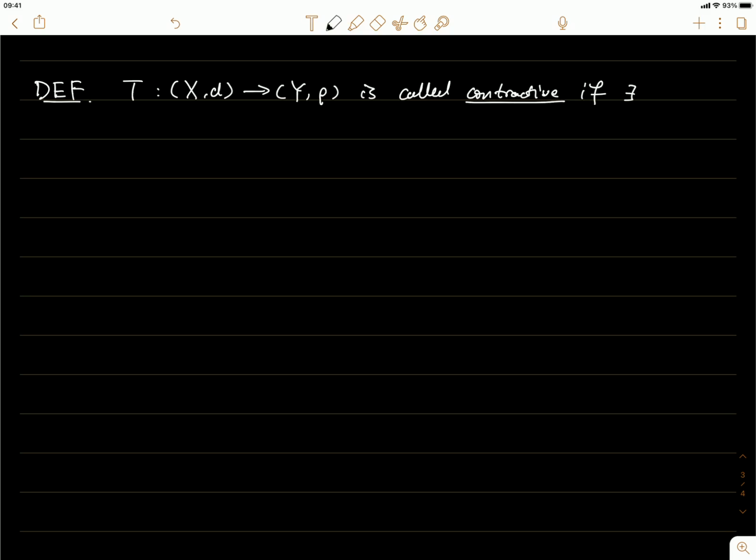if there exists some theta strictly between 0 and 1.